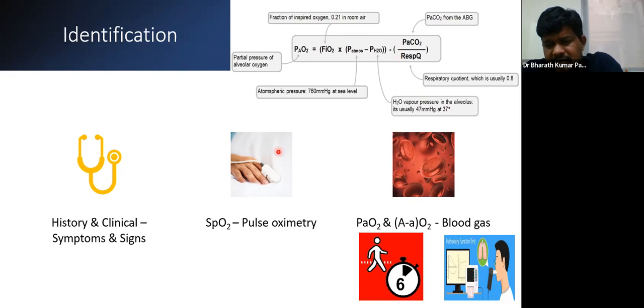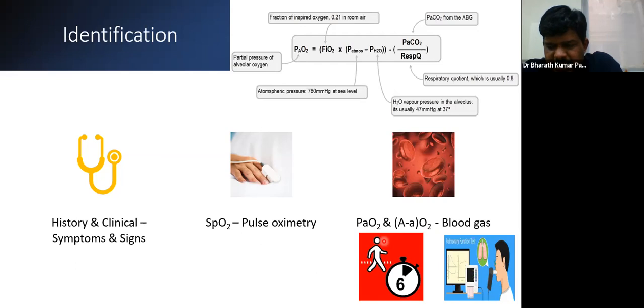And other objective criteria could be established by using a test called the 6-minute walk test, which might gain very high importance in the COVID era again. So we used to ask our patients to do a 6-minute walk, before which we record the baseline saturation.